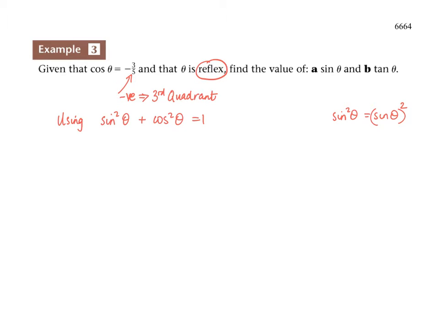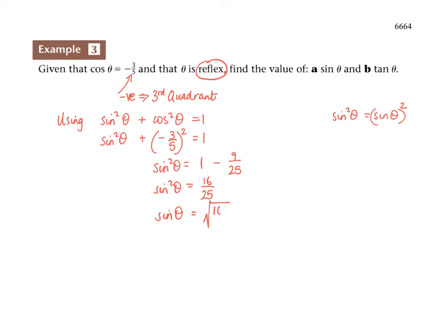So we have got sine squared theta plus cos squared theta, which is minus 3/5 all squared, is equal to 1. So sine squared theta must be equal to 1 minus 9 over 25. So sine squared theta is equal to 16 over 25.